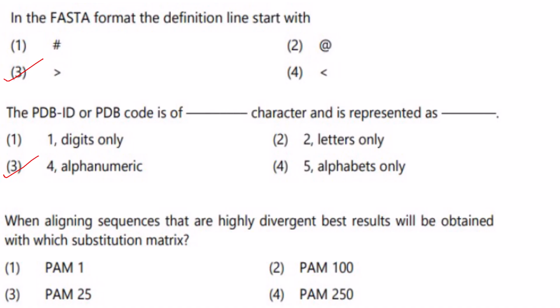Then when aligning sequences that are highly divergent, best results will be obtained with which substitution matrix? Highly divergent means these sequences have undergone significant changes over time, and they will show low similarity compared to other sequences.